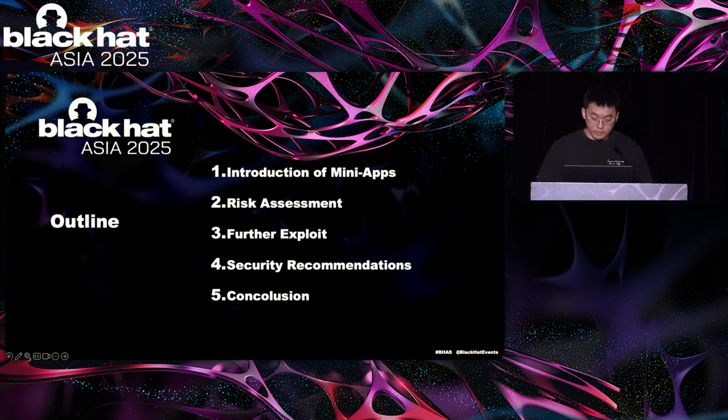After discussing the security issues of mini apps, we will introduce how to fix and mitigate these risks. And finally, we summarize our overall sharing, including our research ideas, research results, and the direction we think can be further explored in the future.